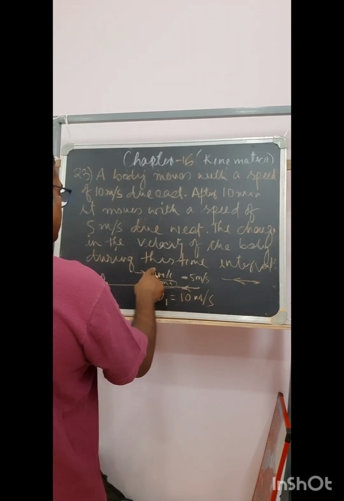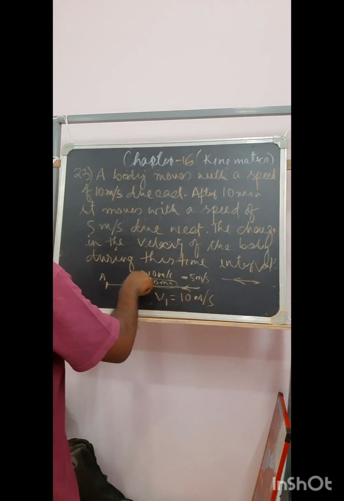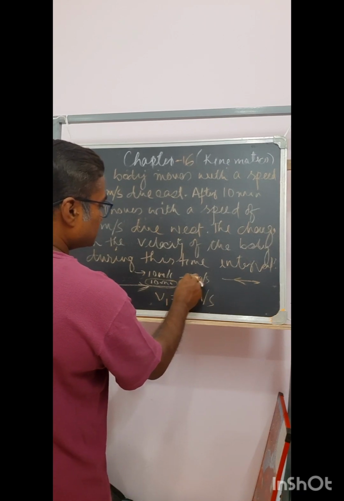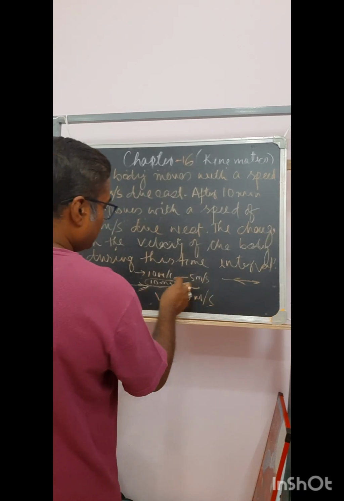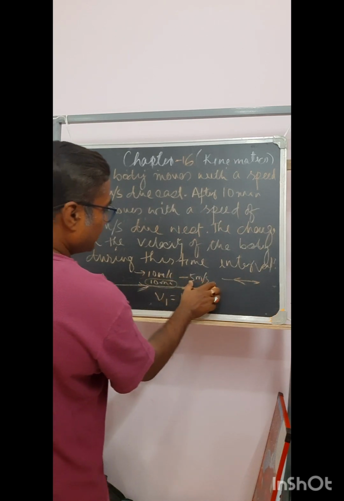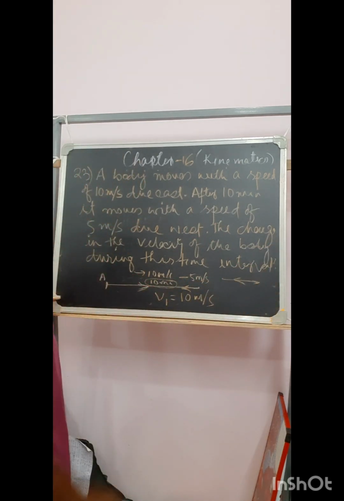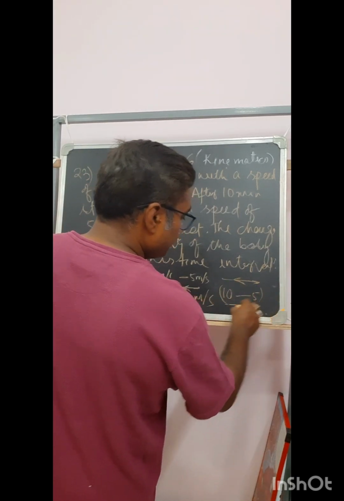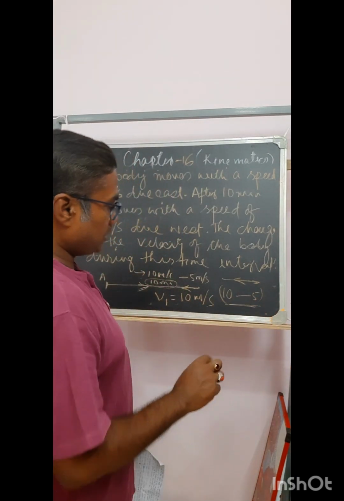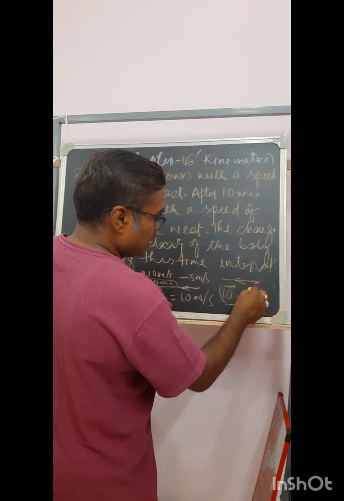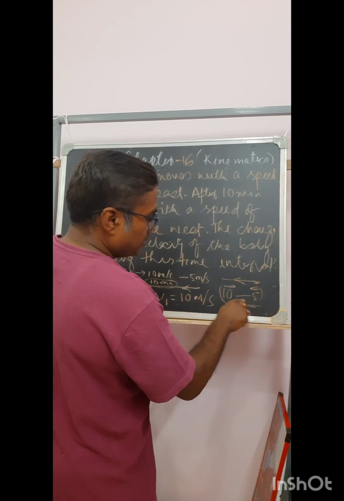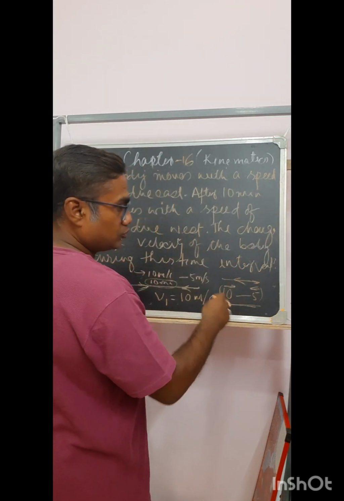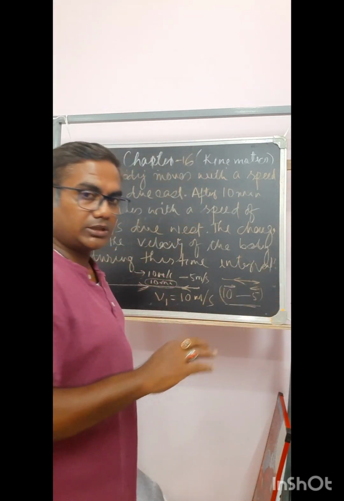How is it possible? Only if it has reduced from 10 meter to 5 meter in the same direction. The two velocities cannot be in the same body at a time.